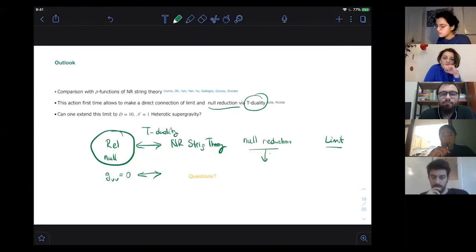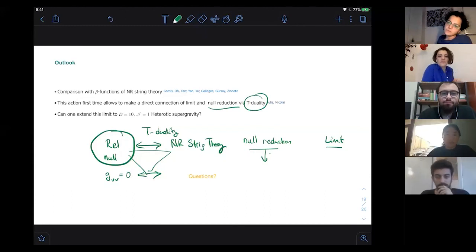In some sense, both sides of T-duality are kind of non-relativistic, because if you impose null isometry in the relativistic theory, you are inherently in a non-relativistic regime, I would say. I'm not sure I understand, but okay.